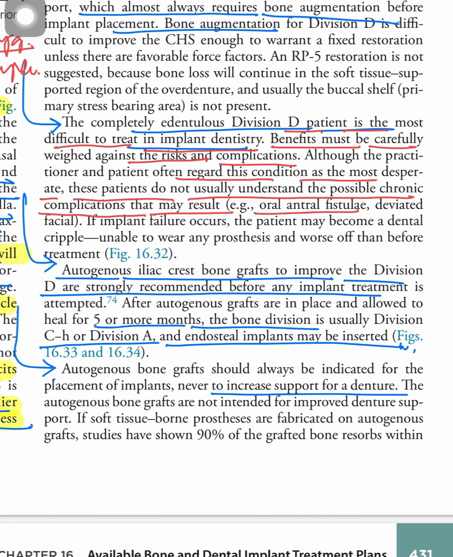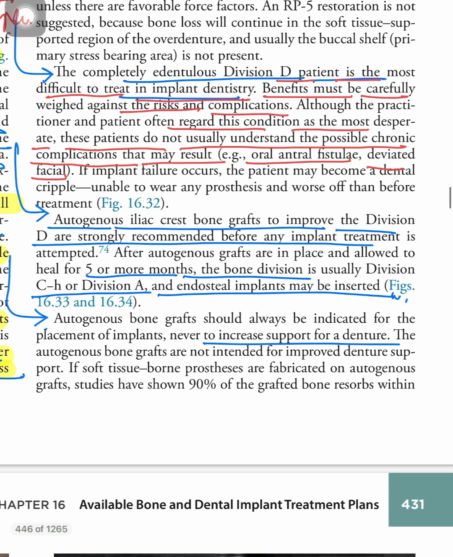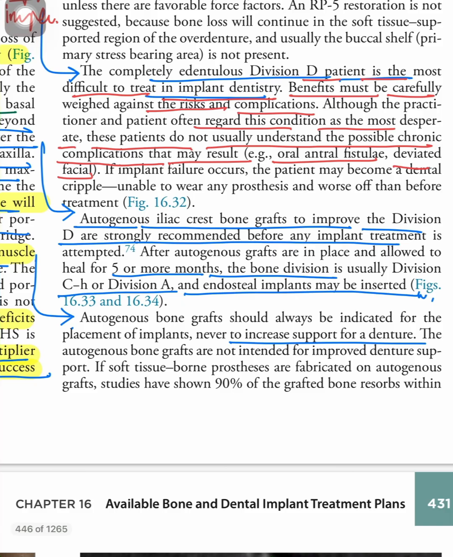Oroantral fistulae, deviated facial, then you can have neuropathy. There are so many complications that can happen. Even at times, you can expect fractures in the mandible. So, when we talk about grafting in a division D bone, the iliac crest bone grafts are the gold standard.